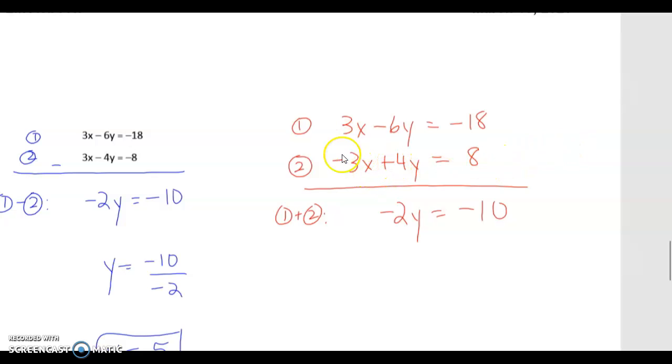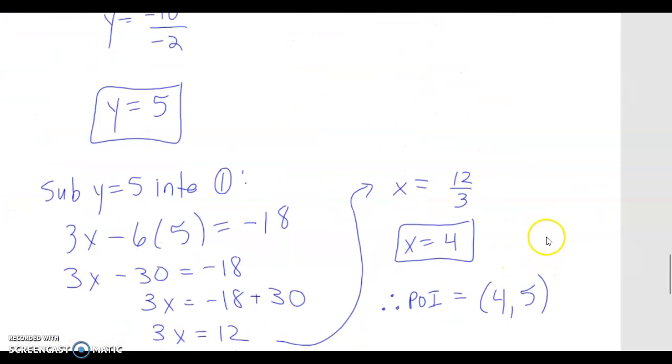Now, if you prefer, you can add. 3x minus 3x is 0, negative 6y plus 4y is negative 2y, negative 18 plus 8 is negative 10. It's the same solution as before. So you get to choose what you prefer. Add, simply go ahead and multiply by negative 1, and that way you'll always be able to add.